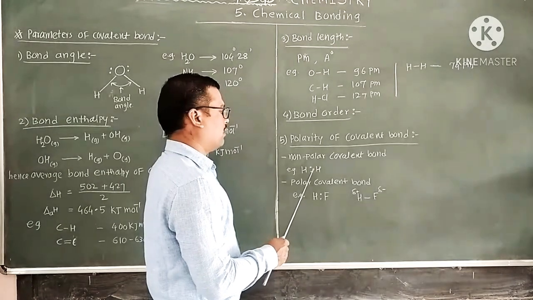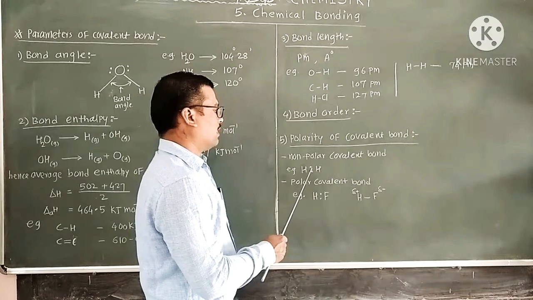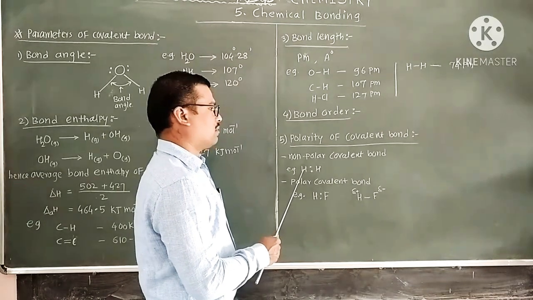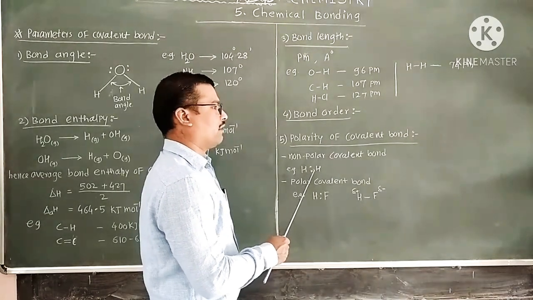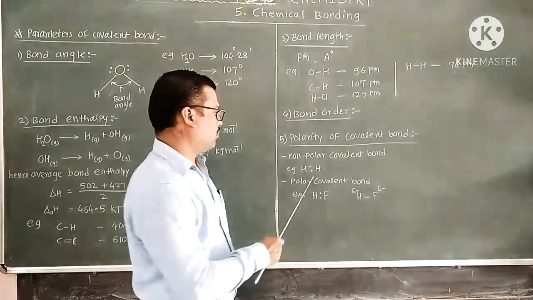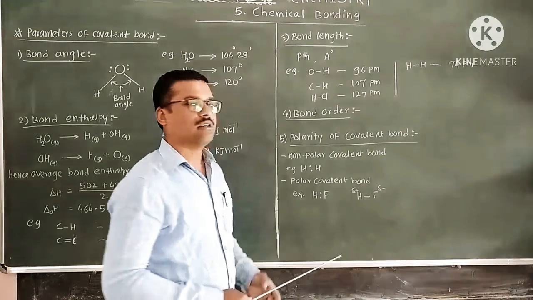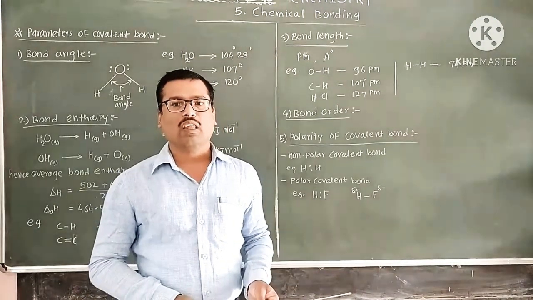They are present at the center between two atoms. That means these hydrogens attract electrons towards themselves equally. Therefore, these two electrons are present at the center of the molecule.